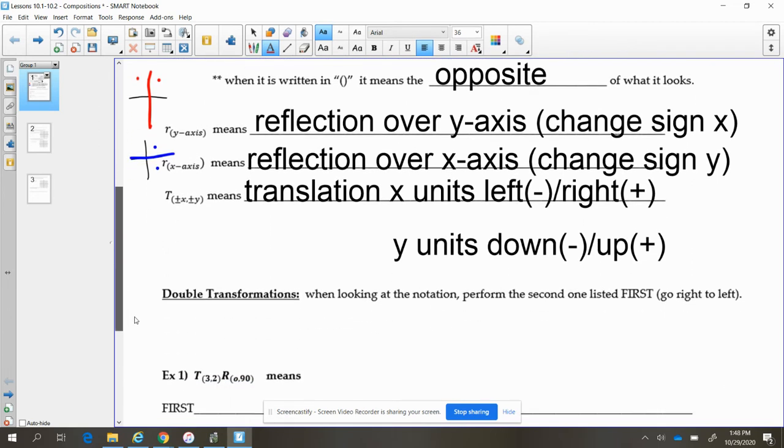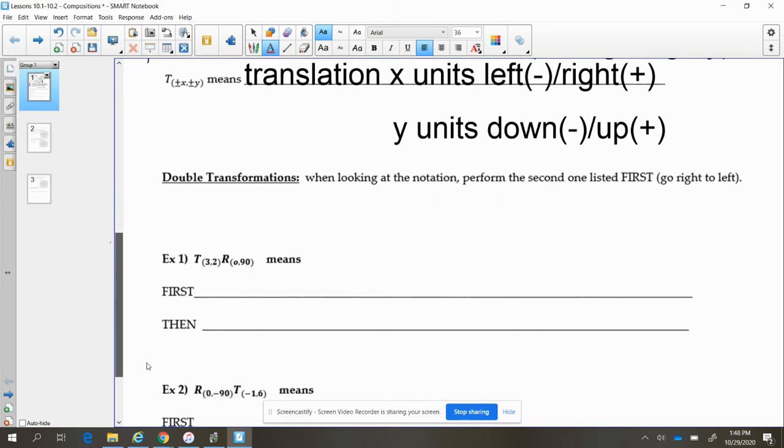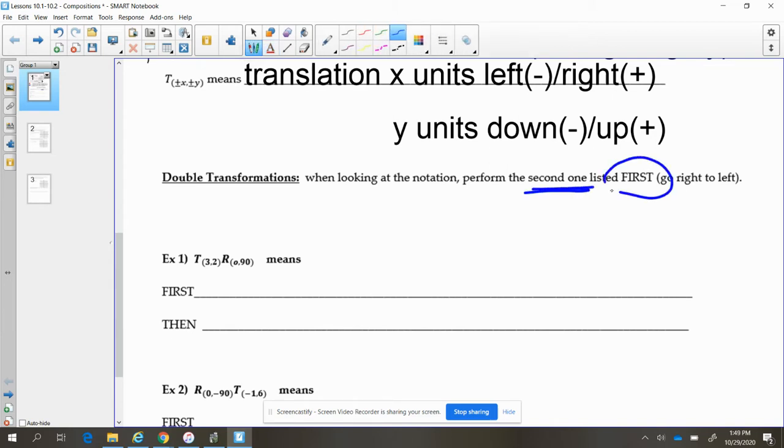So we're going to use those notations to look at our double transformation, where we always want to perform whatever the second one is first. So you go from the right to the left. In example 1 here, we're starting first here, and then second would be this piece here. So we always read right to left on these.